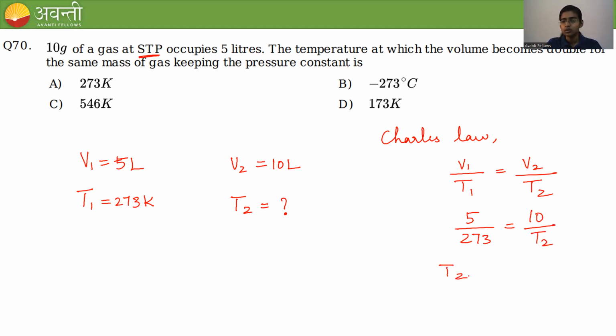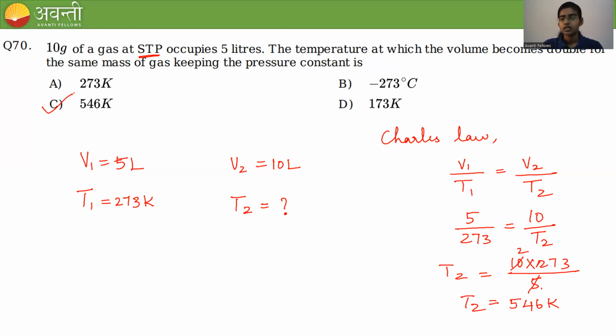So T2 is equal to 10 into 273 divided by 5. We are getting 2 into 273, which is equal to 546 Kelvin. So this is the final temperature. Very easy, but it is very important. So option C is the correct answer for this question.